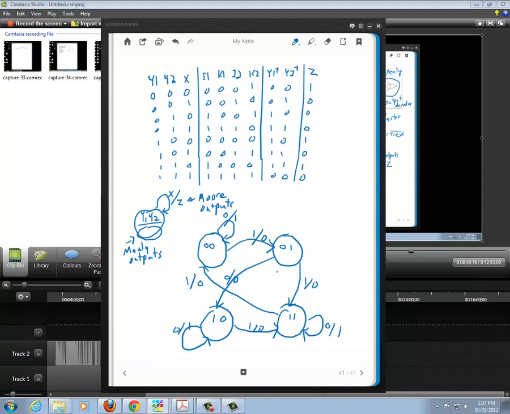Alright, so we have successfully now completed an FSM design problem with a present state, next state table and a state diagram. The next problem we're going to do is going to go in the reverse direction, where we're going to start with a state diagram and have to derive the circuit from that diagram.